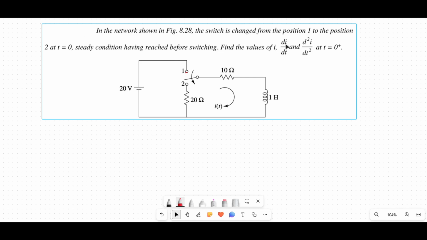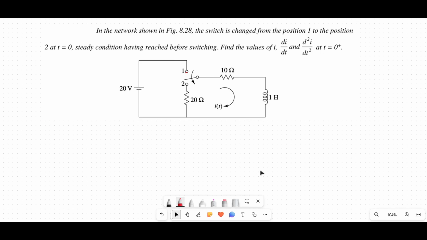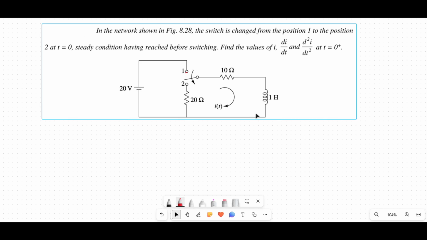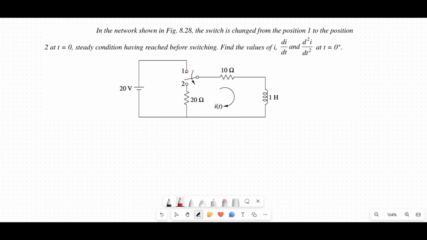We will determine the value of i, di/dt, d2i/dt2 at t equals 0 plus. The circuit is similar, the only change being that earlier we had a capacitor here and now we have an inductor here. So let's see how to solve this.